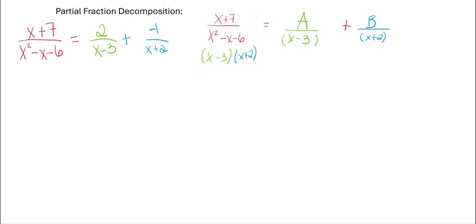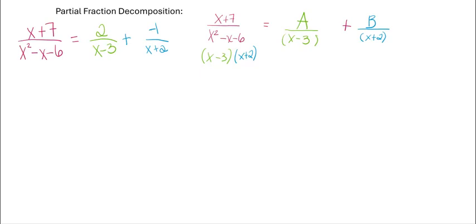So now what I'm going to have to do is find a basic equation that equates A plus B to x plus 7. And I have to do that by finding the least common denominator and adding those fractions together.